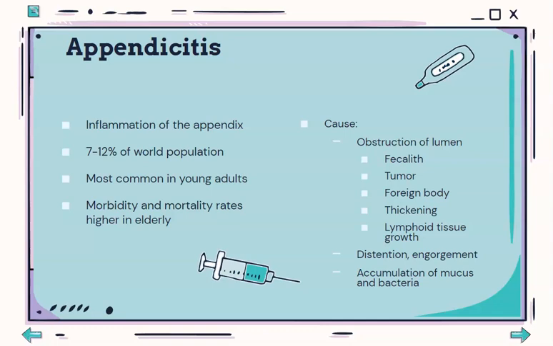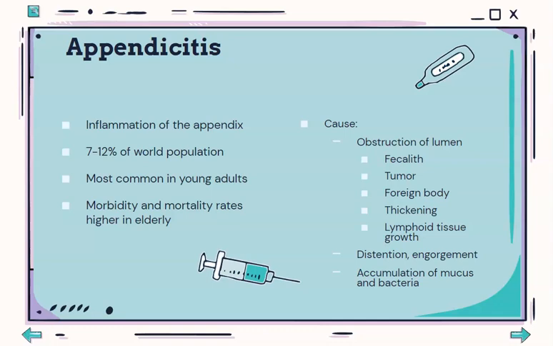It can become so inflamed that it does rupture, and then we end up essentially with an acute abdomen. This would be why your client would head to an emergency surgery. A lot of times your kids are kind of susceptible to this, young adults. 7 to 12% worldwide, not a huge amount of people that will actually end up with appendicitis, but it's one of the first things that we think of when a client presents to the emergency room with abdominal pain.